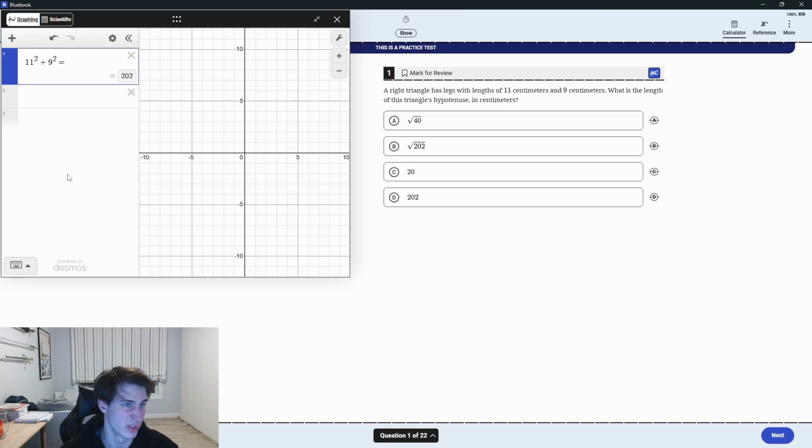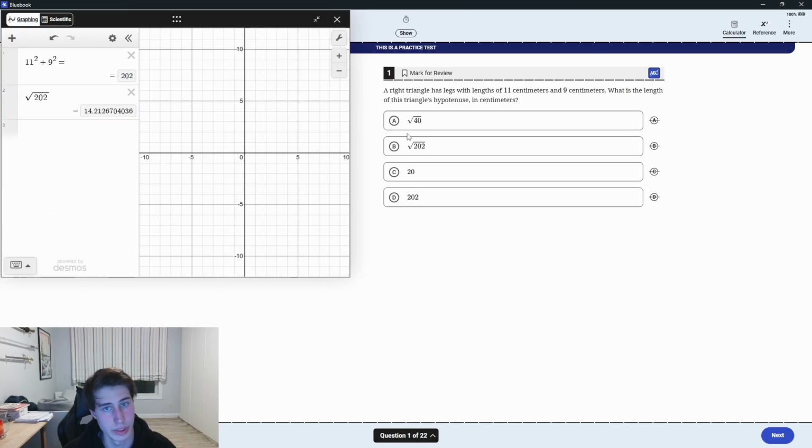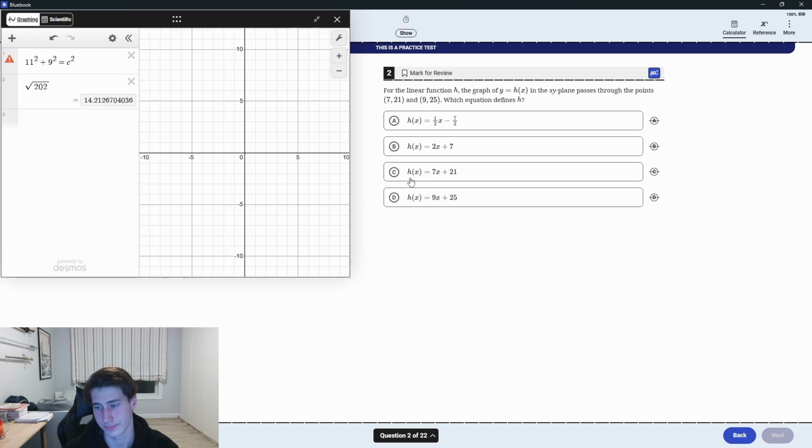So equals c squared, so we take the square root of that. And if we look at our answer choices, square root of 202 is our correct answer choice. Because a squared plus b squared equals c squared. If we get 202, we have to take the square root to find c, and that is our answer.